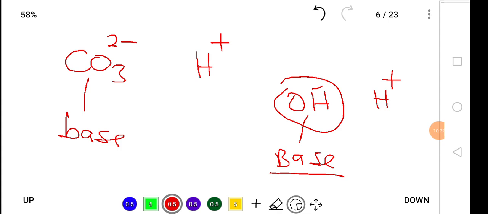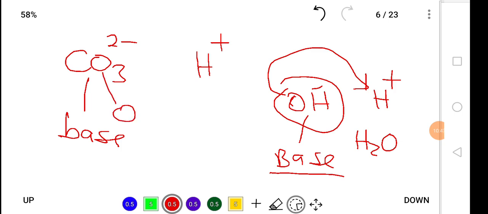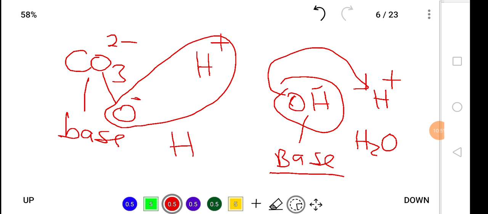How is that possible? This oxygen of the hydroxide is going to get this hydrogen ion to form water. In the same way, one oxygen atom from a carbonate is going to attract this hydrogen ion to form water.